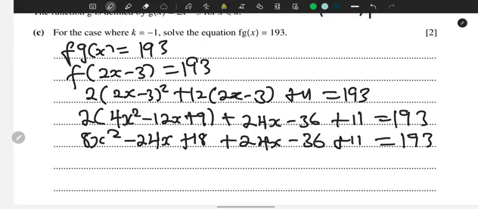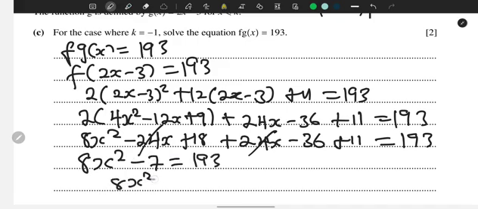So minus 24x plus 24x will take care of this. So we have 8x squared, plus 18 plus 11, that's 29. Then 29 minus 36 will give us minus 7. Then you have 193.